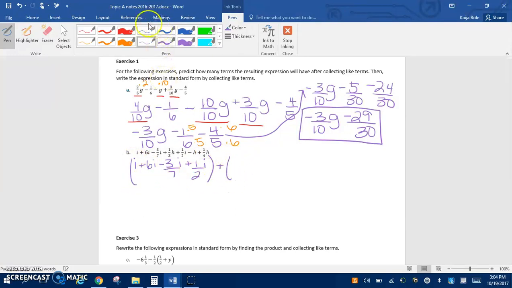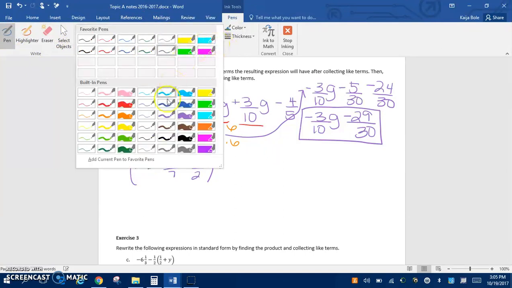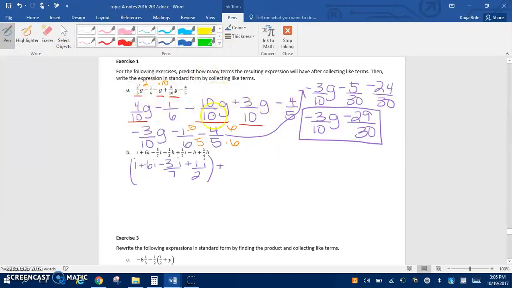Plus, now our H's I'm going to do in blue, so we can see the difference here. So our H's, where'd my blue go? Alright, we have 1/3 H minus H, and then plus 1/4 H.